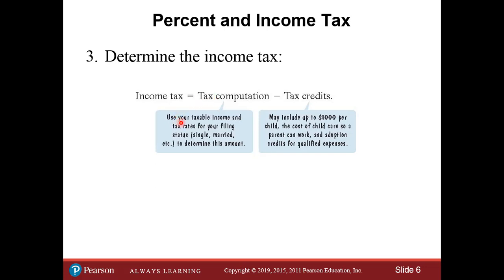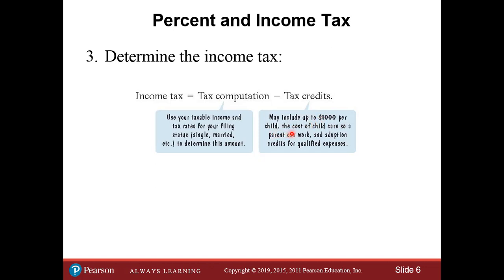Okay, so use the taxable income that you calculated in the last step and the tax rates for your filing status, either single, married, or divorced, widowed, head of household, those sorts of things, to determine this amount. So this is determined by your filing status and the amount of income that you have for your taxable income. Then you may have tax credits. So this may include up to $1,000 per child.